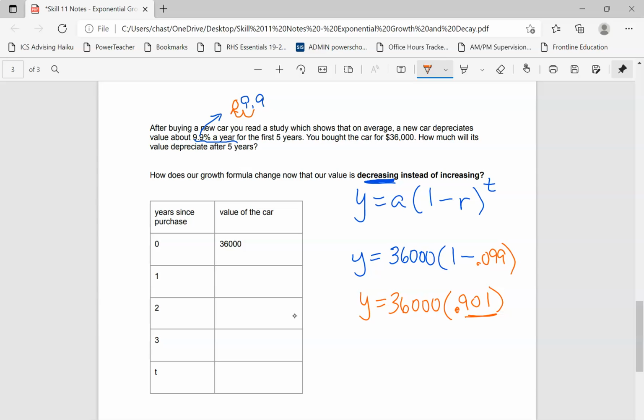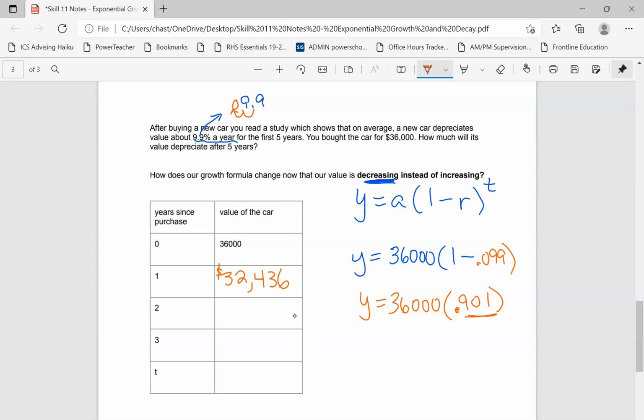So if I take 36,000 and multiply it by 0.901, we're going to get that the new car after 1 year is $32,436.